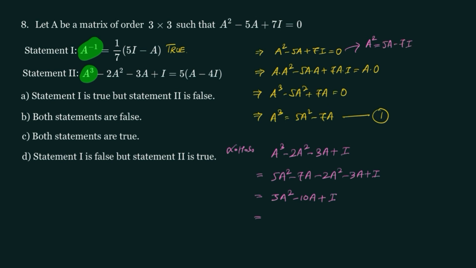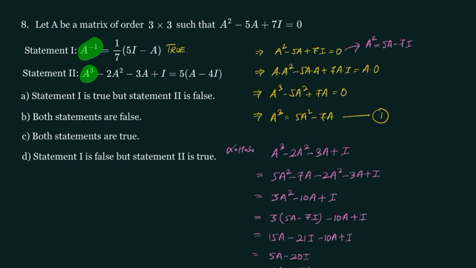So in place of A square, let us write 5A minus 7I minus 10A plus I. So it will be 15A minus 21I minus 10A plus I. So it will be 5A minus 20I, and hence taking out 5 common, I will get A minus 4I.